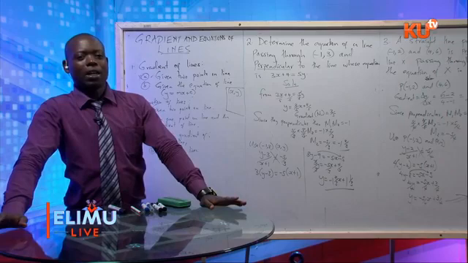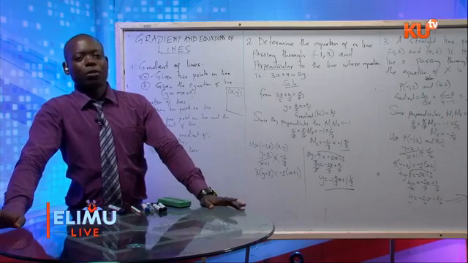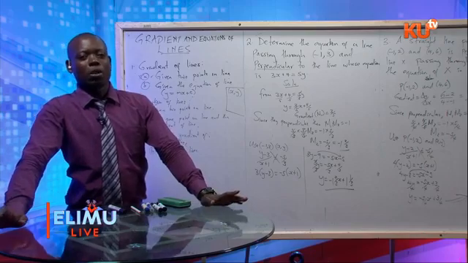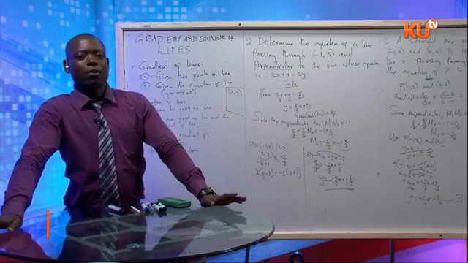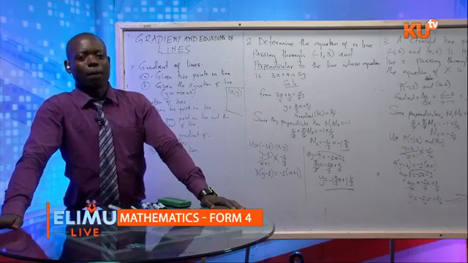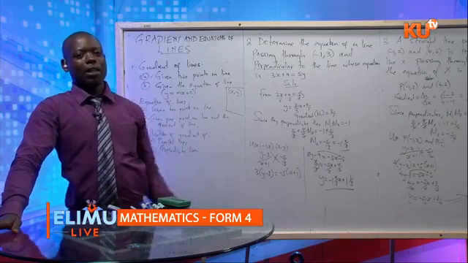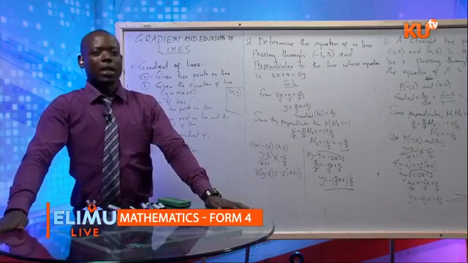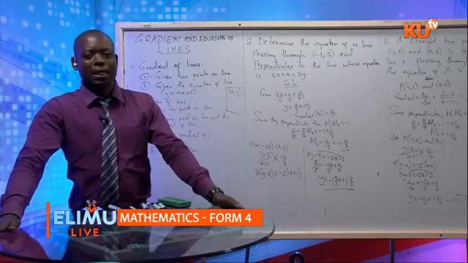Maybe you are given a rectangle and you are asked to determine the equation of one of the sides and the points on either side of the rectangle, and so on. So revise based on the 3 aspects that we've looked at, and it shall be well in this topic, gradient and equations of straight lines.